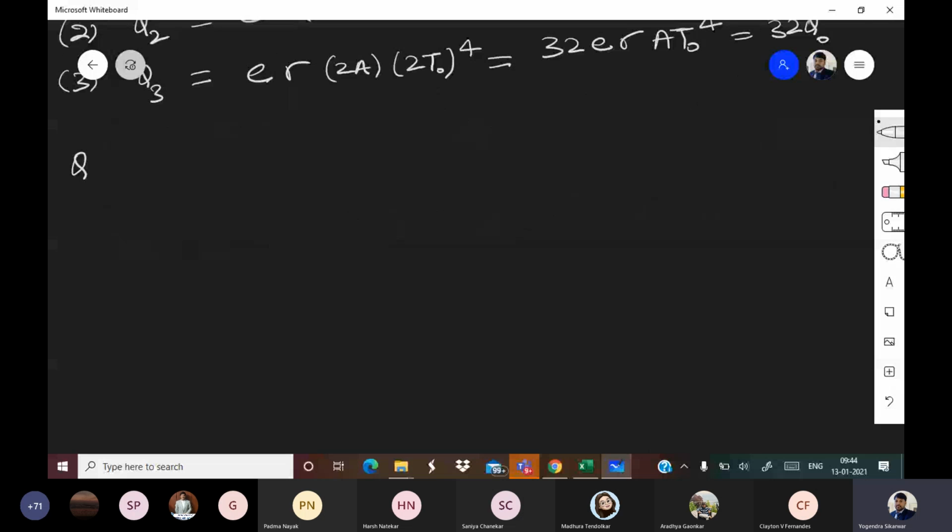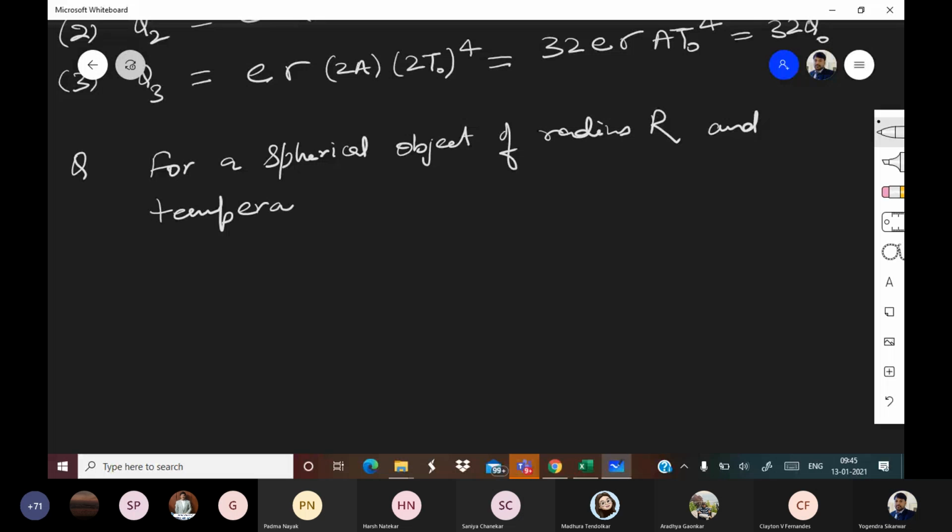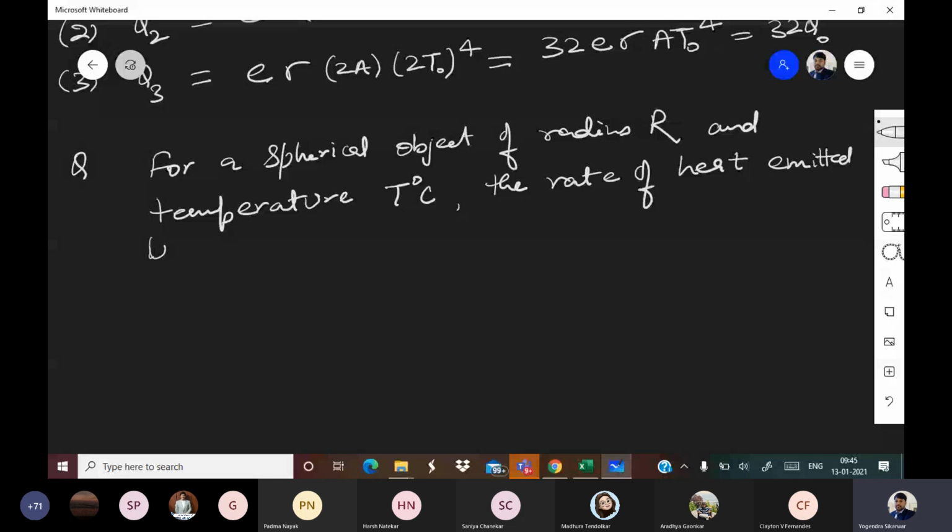Question. For a spherical object of radius r and temperature T degree Celsius, the rate of heat emitted is Q naught.